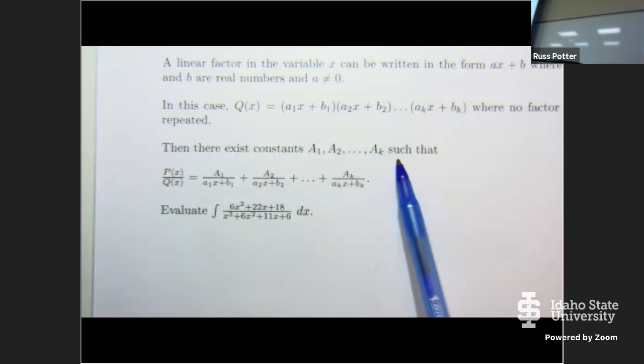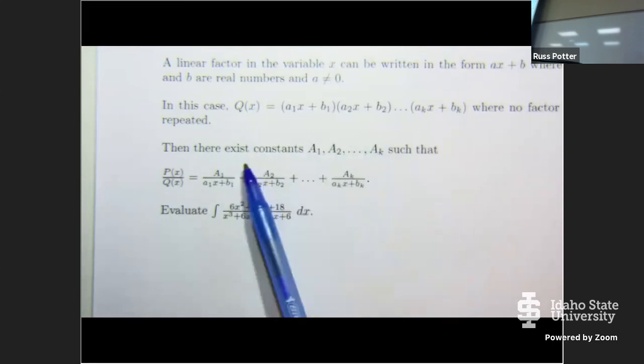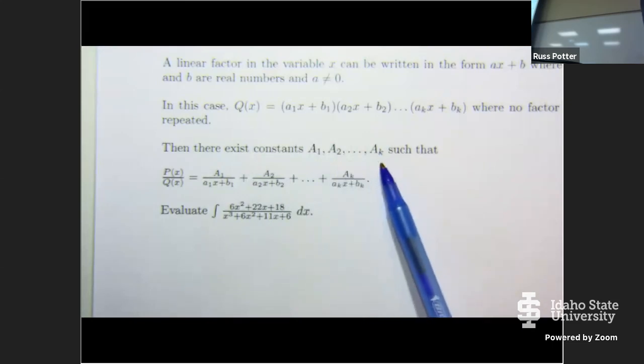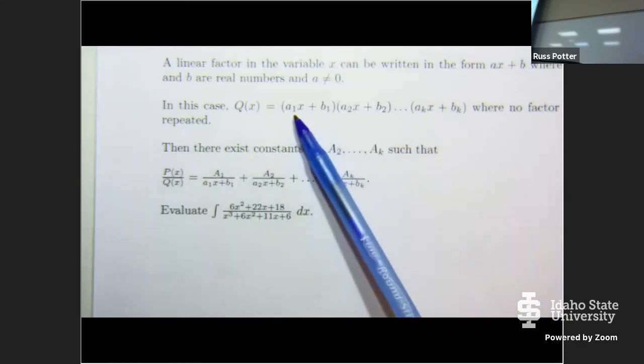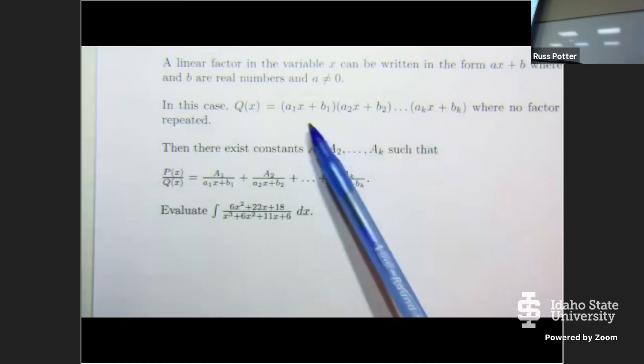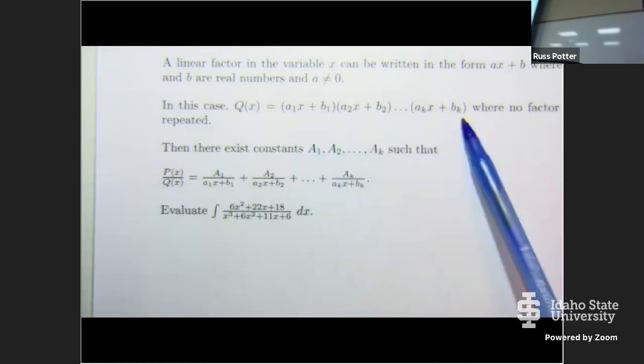Well, that means that there exist constants, a sub 1, a sub 2, up through a sub k. So just note that in this factorization, there are k distinct linear factors.